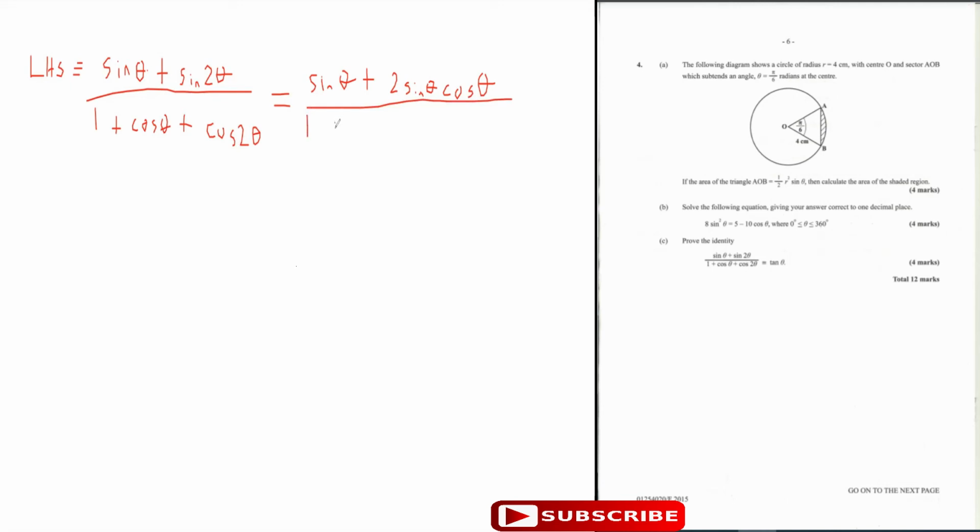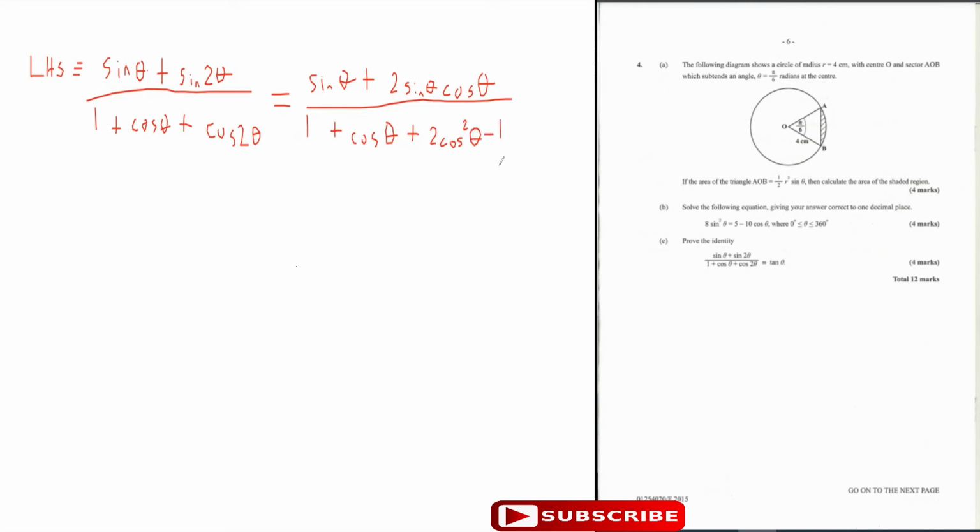That's going to be 1 plus cos theta plus, now cos 2 theta is 2 cos squared theta minus 1.